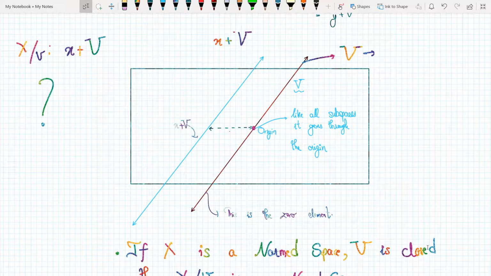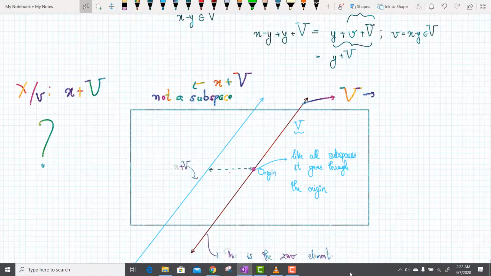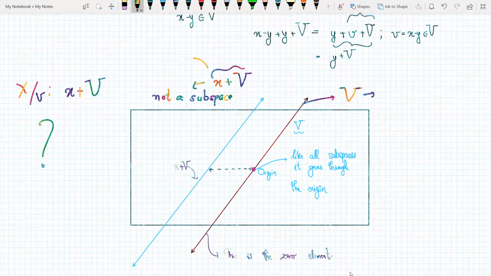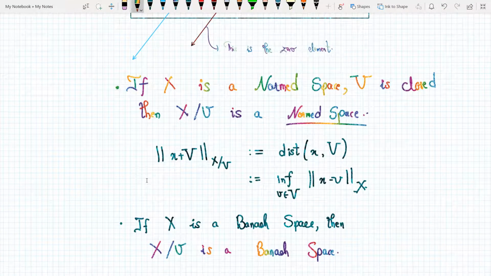However, x plus V is not a subspace. Why is it not a subspace? Because it does not have a zero element, and this is rather a coset. Now another idea I would like to put across is the norm in the case of quotient spaces.